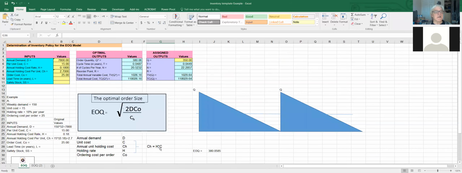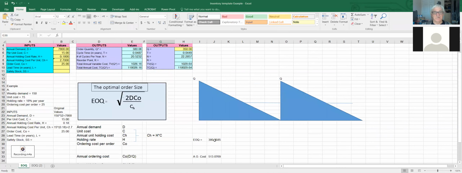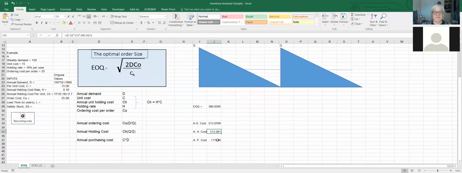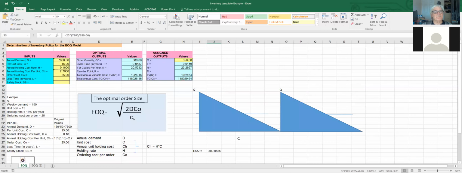So now comes the optimal order quantity, which will minimize the total cost of this plus this plus this. By the way, this is already the minimum. So as you see, the order quantity Q star is 380. How did we get this one? By this formula here.